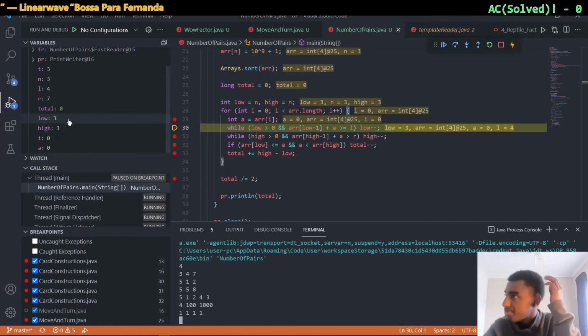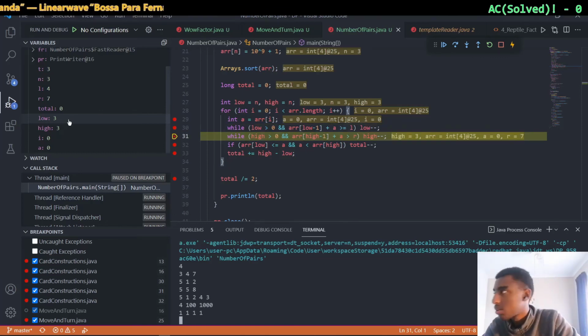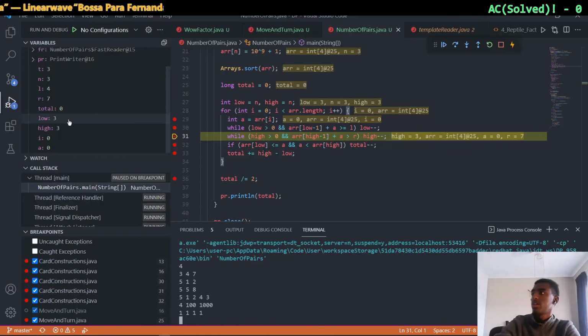So the range is 4 to 7. So it should go down 1. Low is 3. Greater than or equal to L. If int a is equal to ri, sure, that's true. And then if a plus, in our case 5, greater than or equal to L, it has to minus, but it didn't minus.